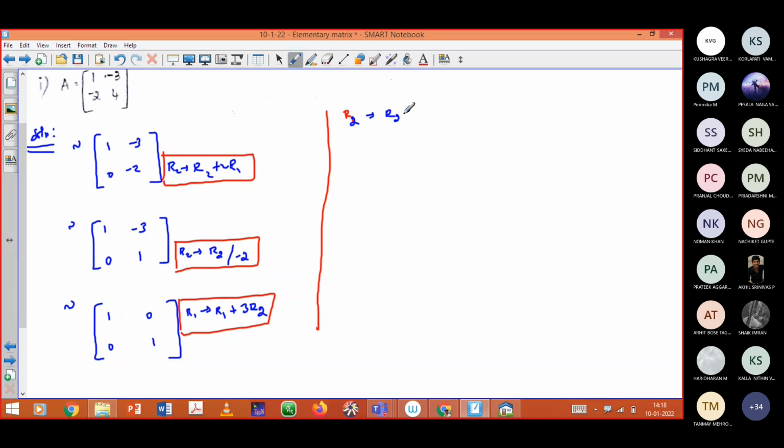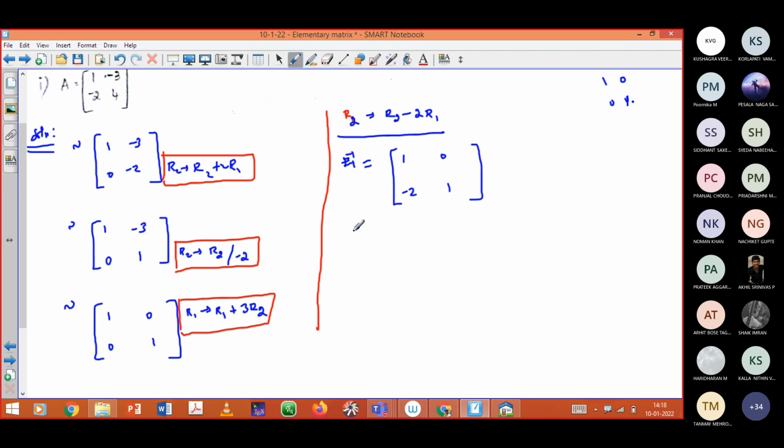R2 minus 2R1. If it is minus, you have to use plus here. So this is the first rule to apply for your E1 dash. In E1 you can consider 1 0, 0 1. If you apply the rule R2 minus 2R1 on R2, what value will come? Any guess? Minus 2, 1.